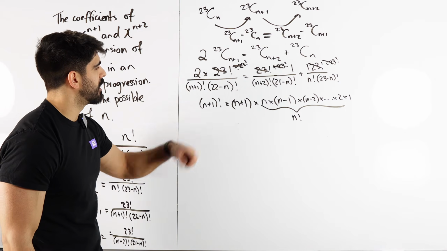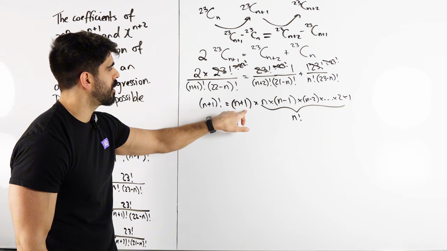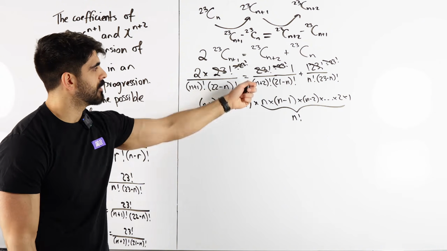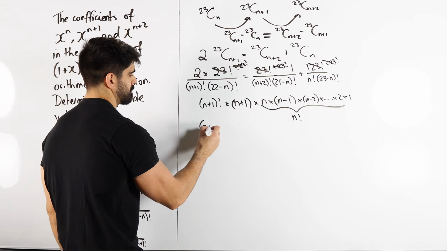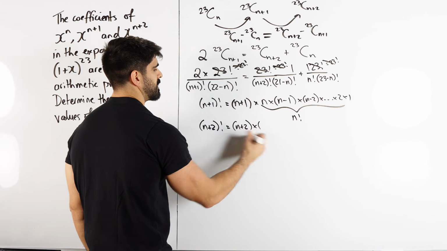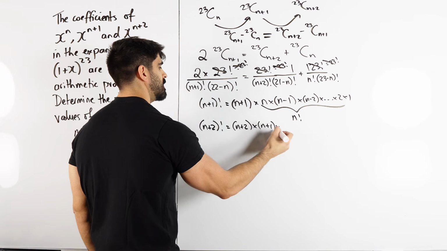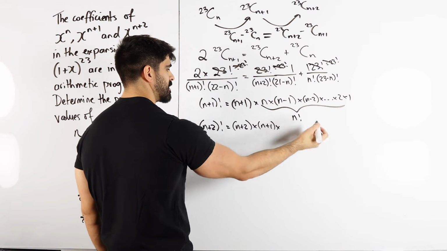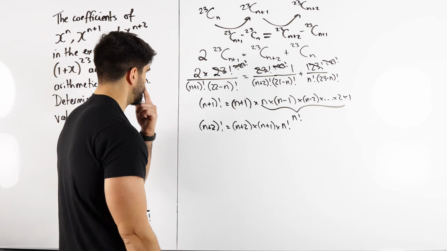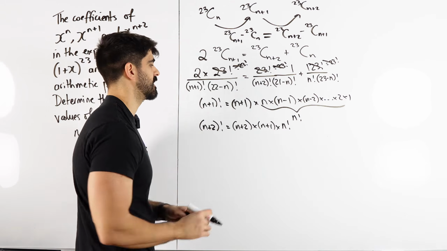So n plus 1 factorial is equal to n plus 1 times n factorial. How about n plus 2 factorial? That's n plus 2 multiplied by the term before it, which is n plus 1, times n minus 1, etc., n factorial. Sweet. So that means I can rewrite all of these and I can cancel out the n factorial.